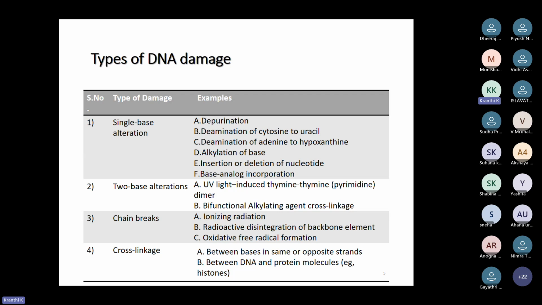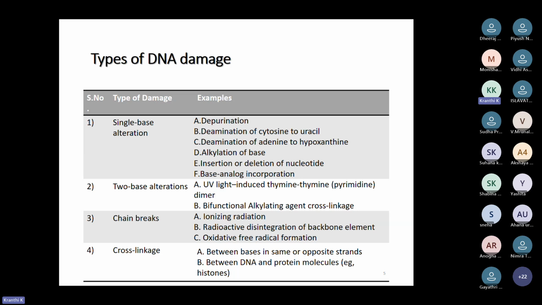Then base analog incorporation. For example, you know AT, GC, right? This is the pairing. But a molecule or any compound that is similar to the T, and binds to the A, is an analog, right?